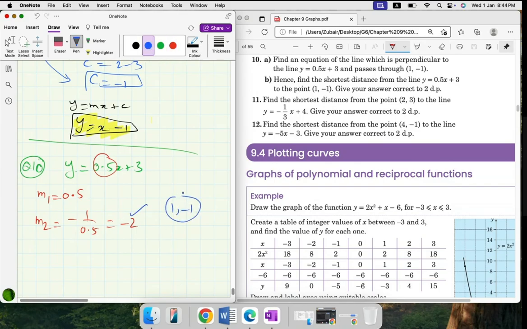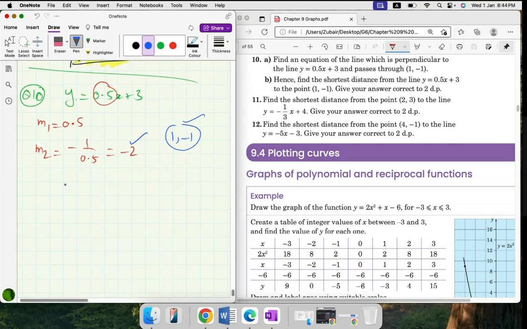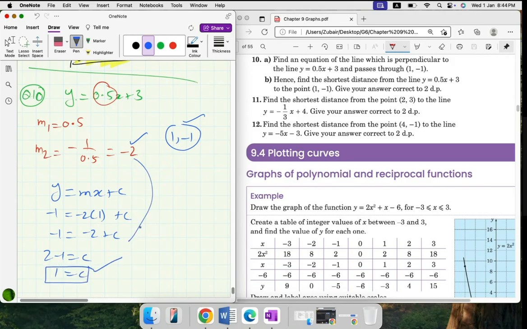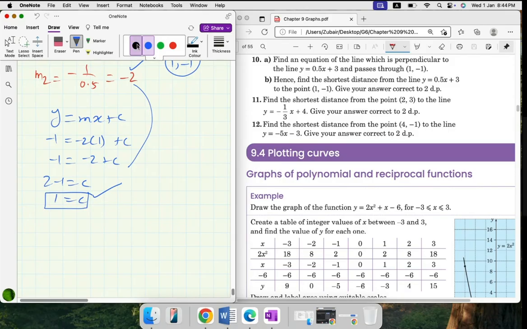So we have the gradient, we have the point, we can find the equation. y is equal to mx plus c, where y is minus 1, m is minus 2, x is 1, and c. Minus 1 is equal to minus 2 plus c, 2 minus 1 equals c, 1 equals c. Now we have c and the gradient, we can rewrite the equation.